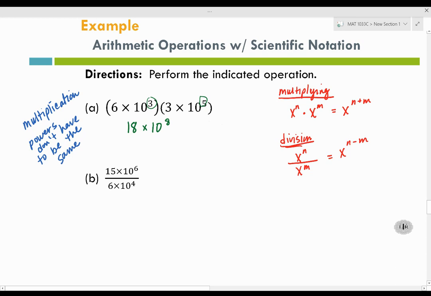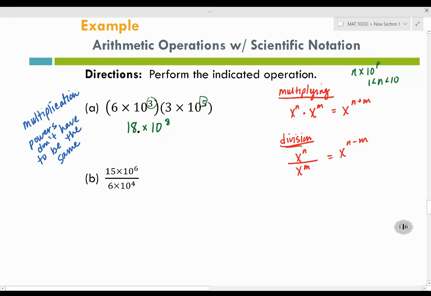Now, your answers must always be in scientific notation. So remember, a number that's written in scientific notation is in this form, n times 10 to the p power, okay? And remember, n has to be a number that's between 1 and 10. So when we're looking at 18 times 10 to the 8th power, 18 is bigger than 10, which means that you're going to have to adjust this answer. It's understood that the decimal is in the back of this number, and you need to move the decimal in such a way that the number that results falls between 1 and 10.